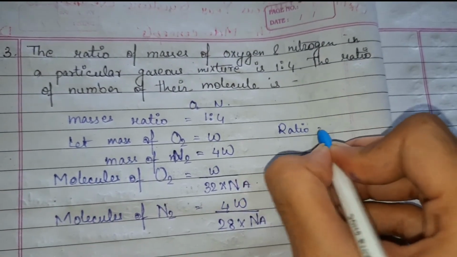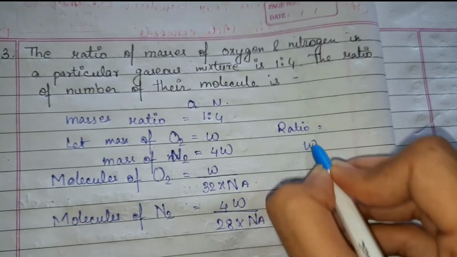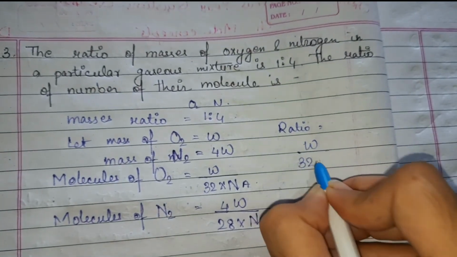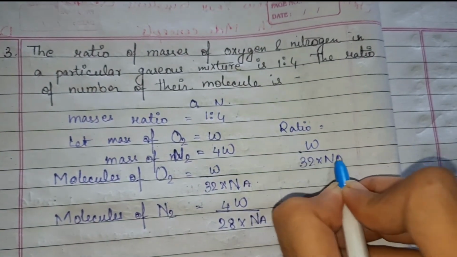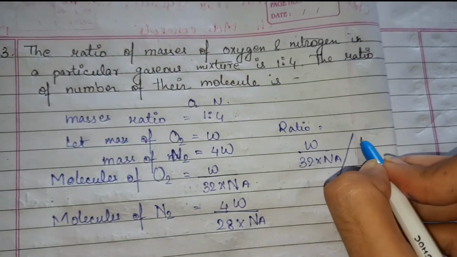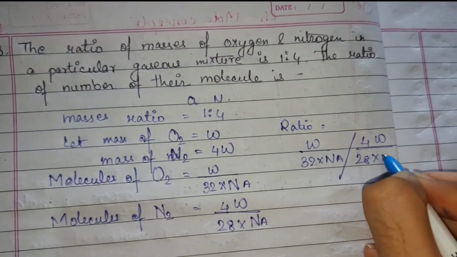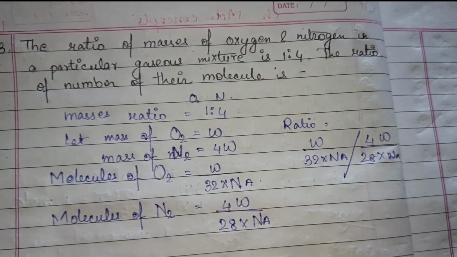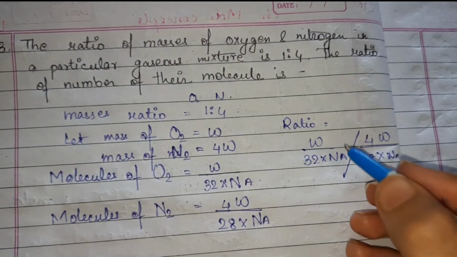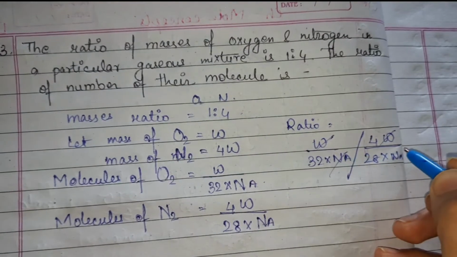The ratio will be W by 32 into Na, by 4W by 28 into Na. So W cancels, Na cancels.